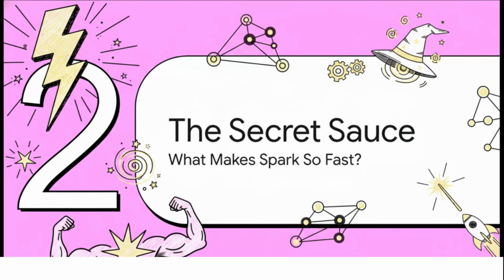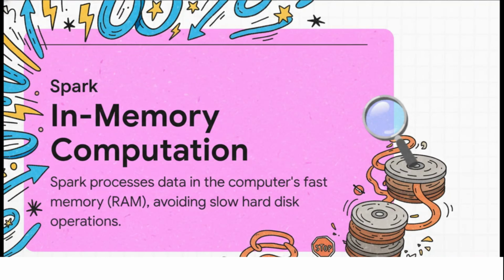Now, that architecture is really clever, but it's not the only reason Spark is famous for its speed. The real magic, the secret sauce, comes down to two key ideas. You could almost call them its superpowers. Superpower number one, in-memory computation. So why is this such a huge deal?